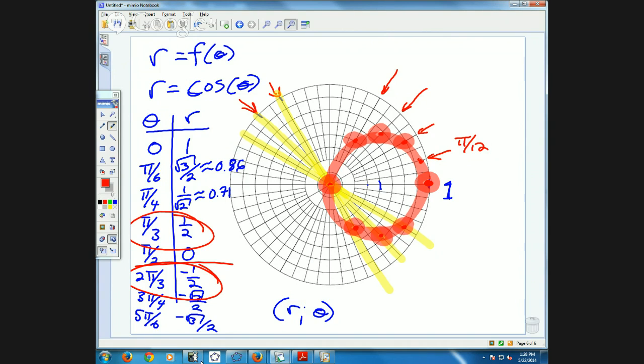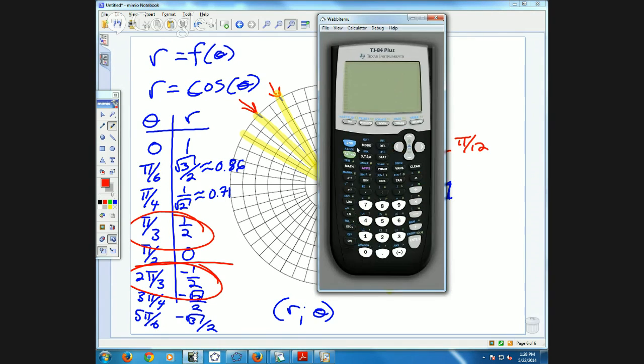Okay, whip out your calculator, put it in polar mode instead of parametric. Polar. Done. Looks like a seashell more than a circle. So, cosine of theta. Now, according to the calculator, it treats polar like parametric, in that when you go to the window, you have to give it x, y, and theta parameters.